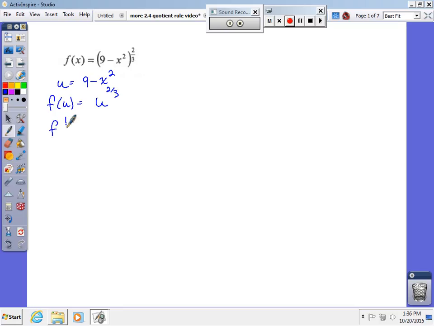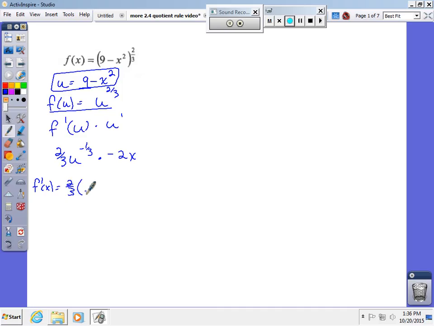So if I do f prime of u times u prime, I'm going to take the derivative of this function, which is 2/3 u to the negative 1/3, times u prime, so that's going to be the derivative of this piece. So that's just going to be a negative 2x, and f prime of x then is going to be equal to 2/3, substitute u back in, which is 9 minus x squared.